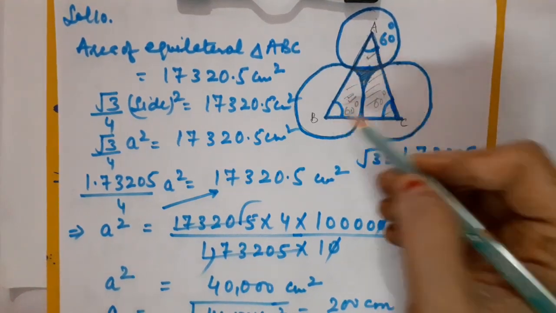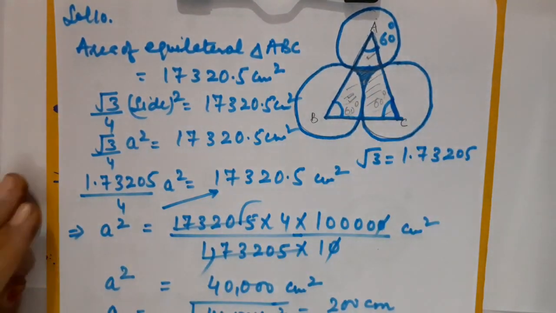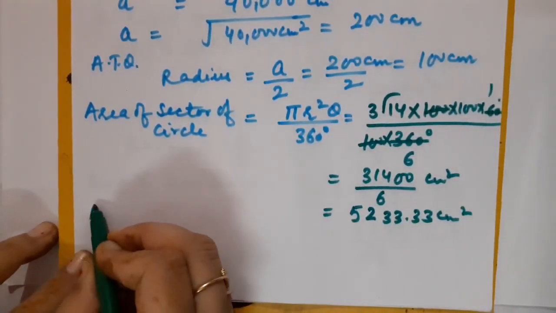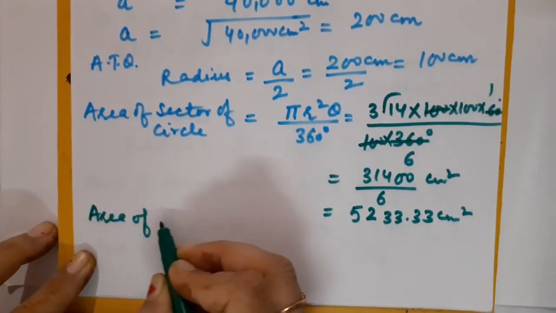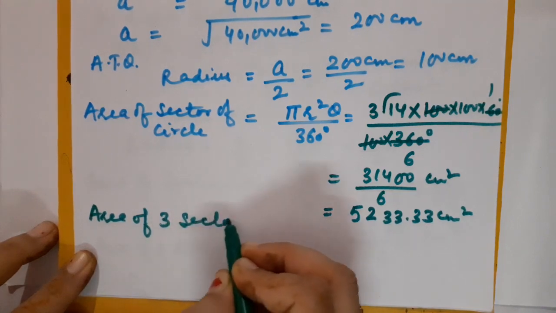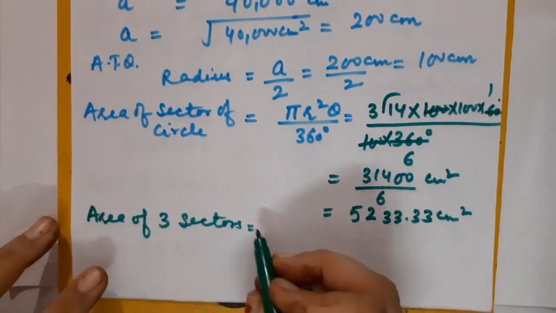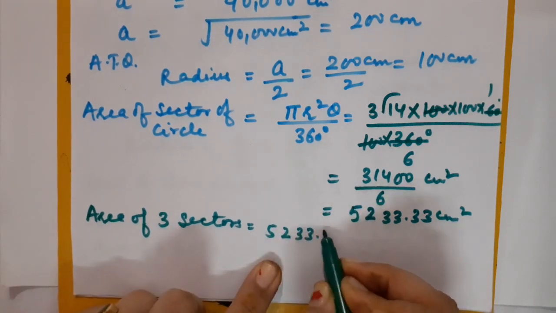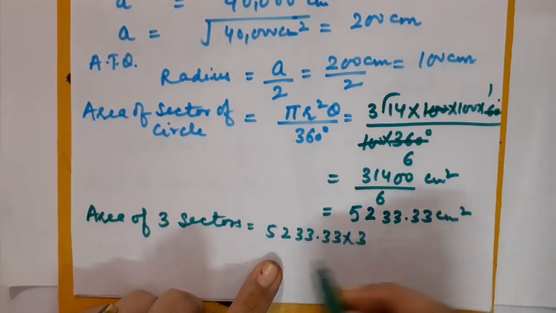You know another sectors are also the same. So I will be calculating the area of 3 sectors now. So area of 3 sectors, we have to multiply. So multiply 5,233.33 by 3.